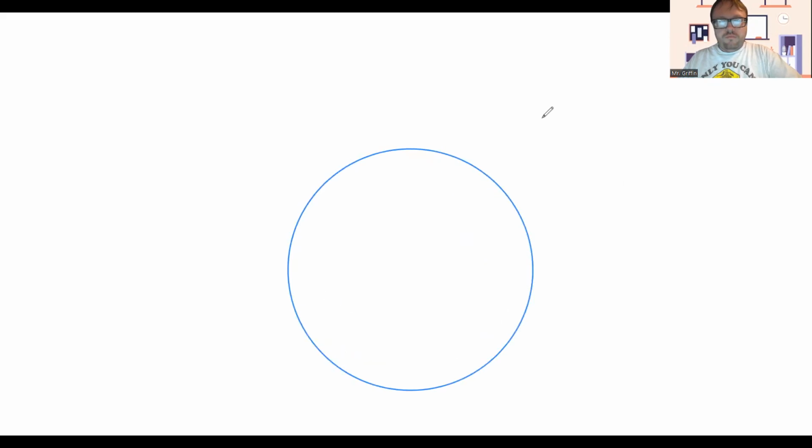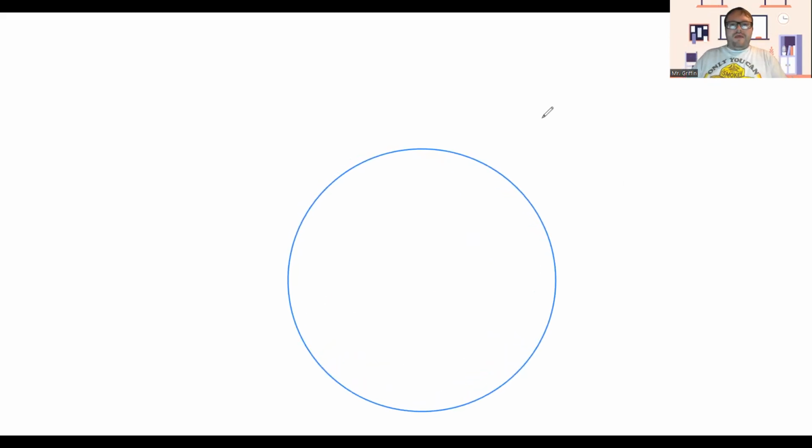All right. So the first thing I'm going to do is draw a big blue circle. There's my circle. That circle represents the Earth, okay? Then I'm going to draw on this just to help you. This is called a compass rose.